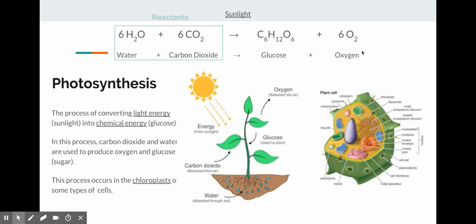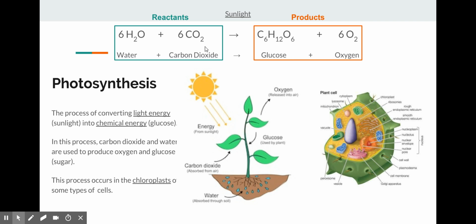This is a really nice overview slide where you start with water and carbon dioxide. You have 6 molecules over here of water and 6 molecules of carbon dioxide. And then you end up with one really large molecule called glucose that is storing chemical energy, and you end up with 6 molecules of oxygen.